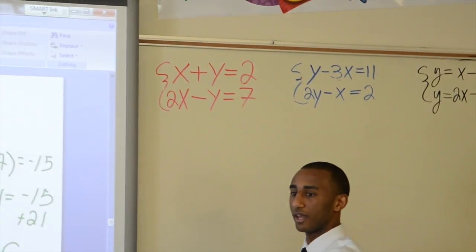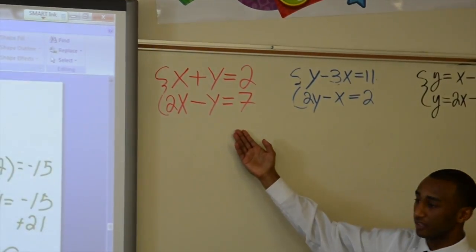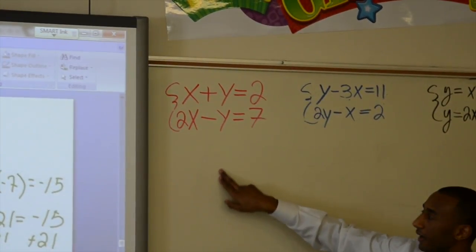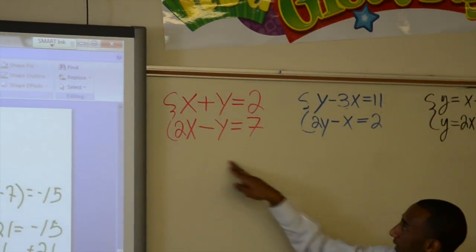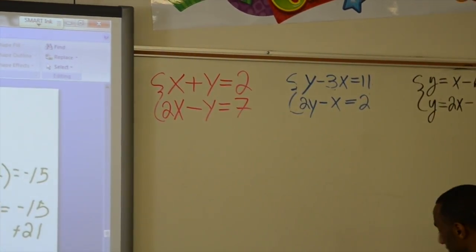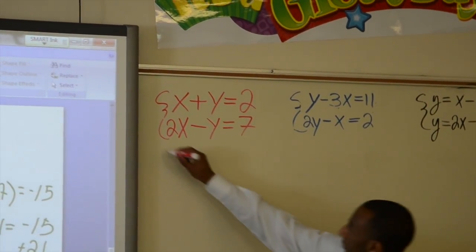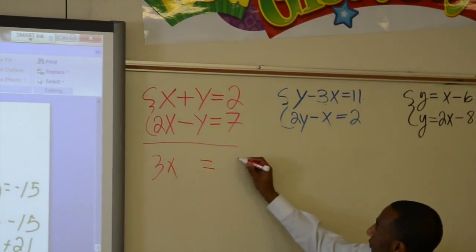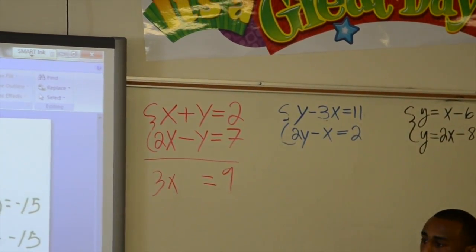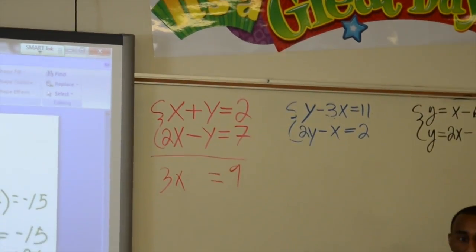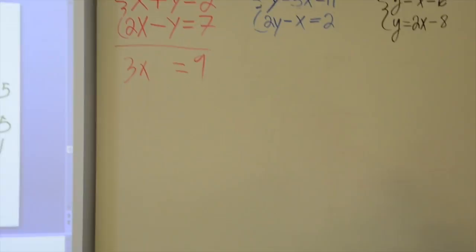I'm not saying you can't do substitution, but the easiest way would be to get rid of the y column by adding them, and you'll have 3x. You add them, you get 3x is equal to 9. You see how the y column just disappeared? It's easier.